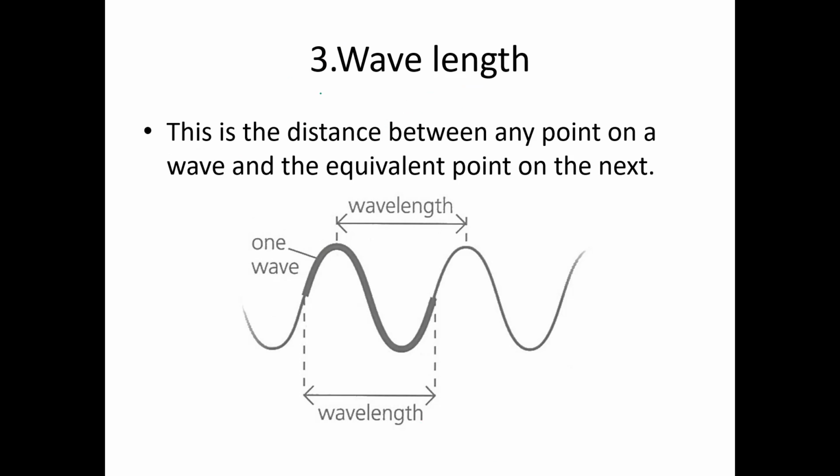Number 3, wavelength. Also, each wave has a different length. What do you mean by wavelength? This is the distance between any point on a wave and the equivalent point on the next wave.